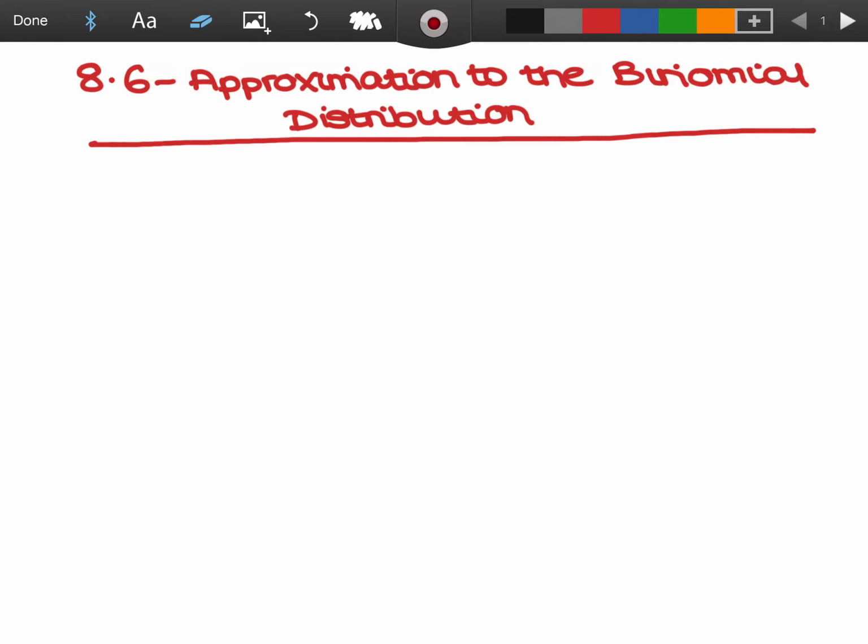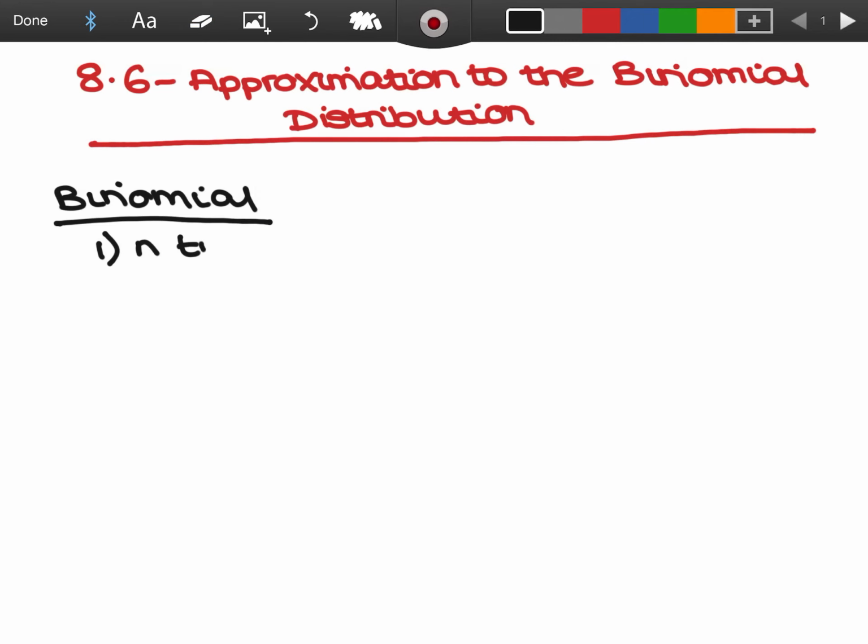Okay, let's go through some properties of the binomial distribution. So for binomial, there were three major things that we really had to remember. The first thing was that in binomial distribution, it's discrete, but that means that there are only finitely many possibilities. Okay, we have a finite number of trials.